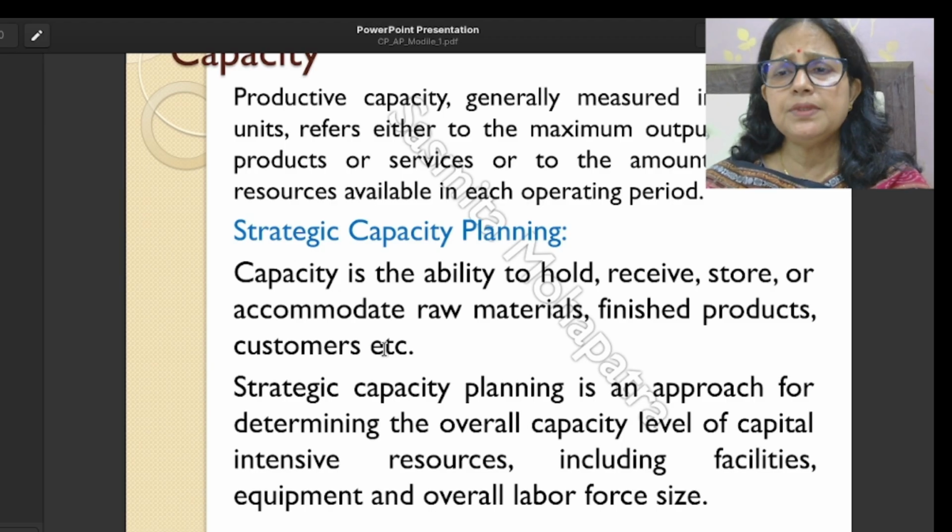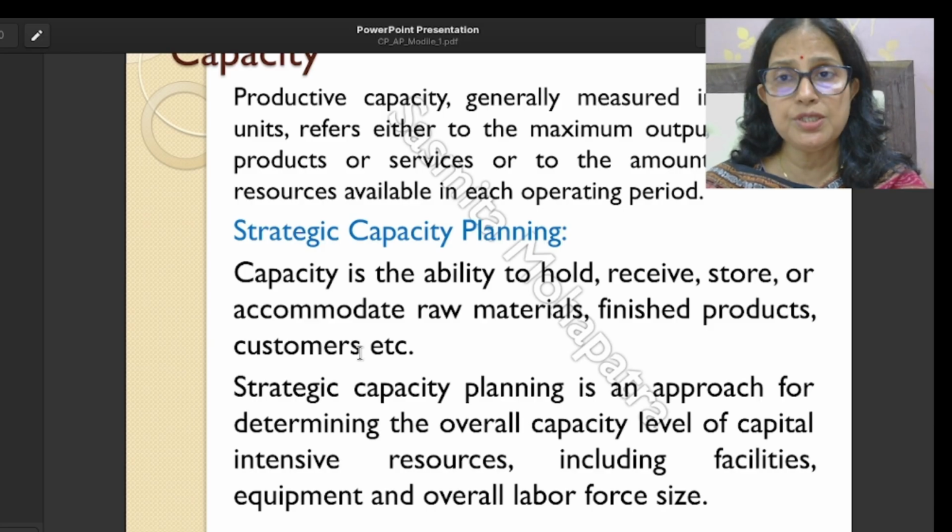When we say capital intensive resources, including the facilities, equipment, overall labor size, that is called strategic capacity planning. When we plan to invest in the facilities, the equipment, the size of the labor force, that is called strategic capacity planning because it is long-term capacity planning.